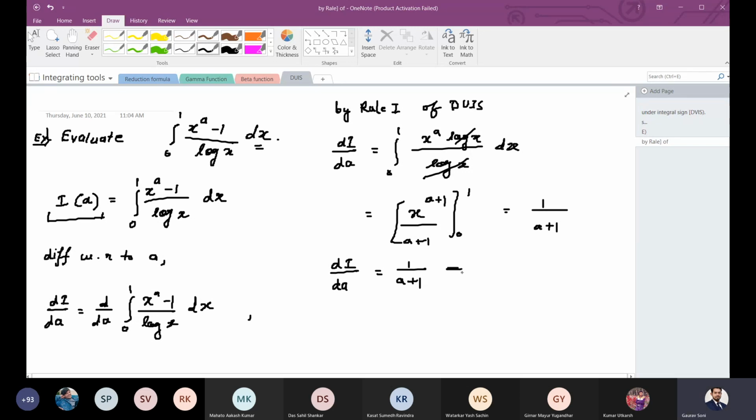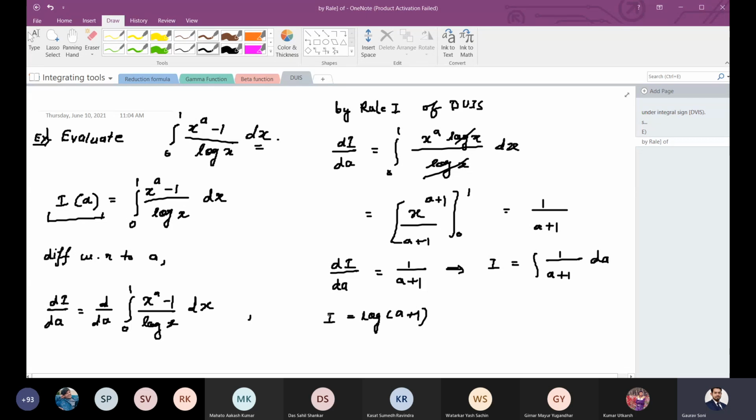So I will be equal to integration of 1 upon a plus 1 with respect to a. So integration of 1 upon a plus 1 is log of a plus 1. That's it.